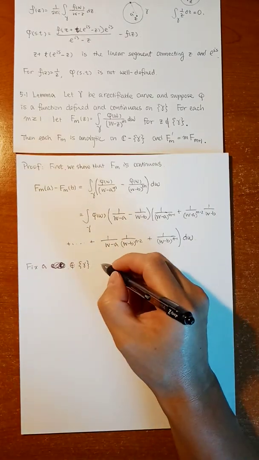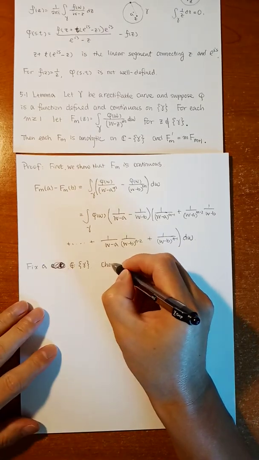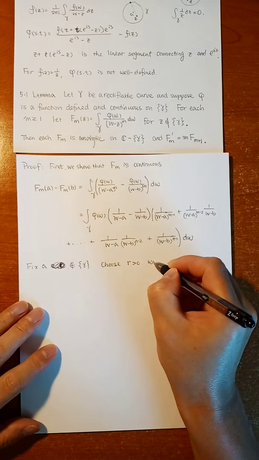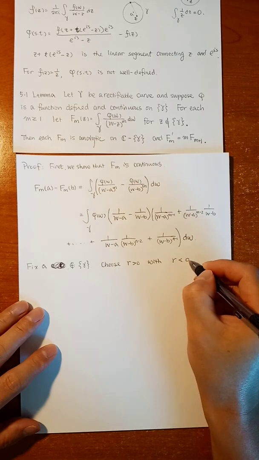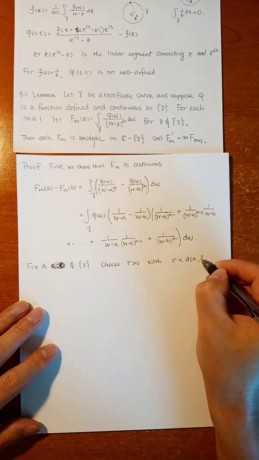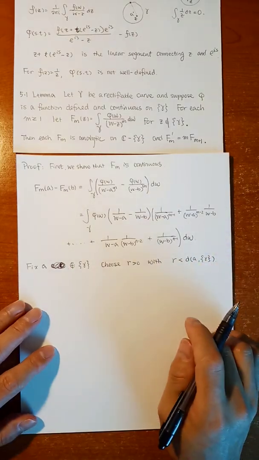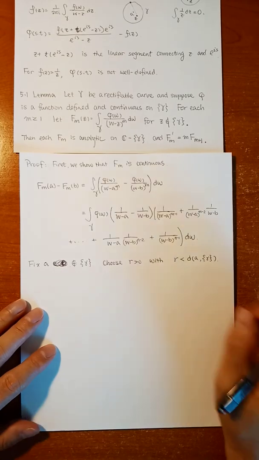Then choose r greater than 0 with r less than the distance between a and the trace of gamma. The trace of gamma is compact, so this distance is definitely positive. So we choose a small enough r.